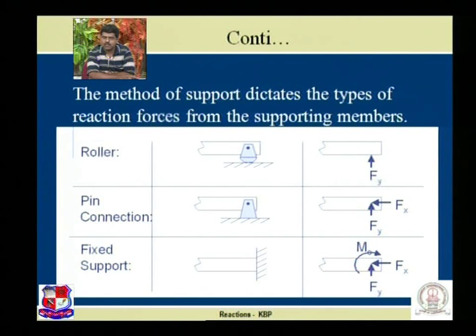The pin connection, another name for the hinge connection, offers two reactions, first horizontal and second vertical. The third support, the fixed support, offers three reactions: the horizontal reaction, the vertical reaction and a moment at that particular joint. These three reactions will be offered.